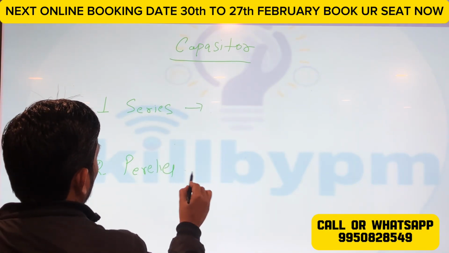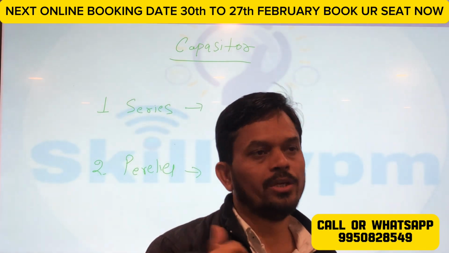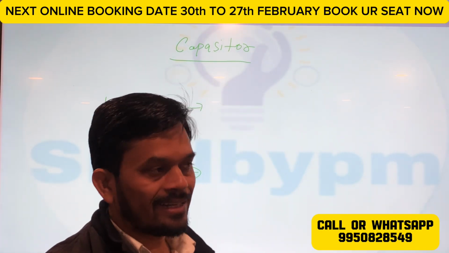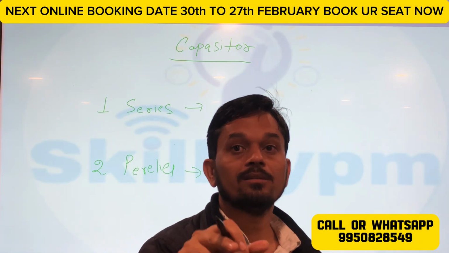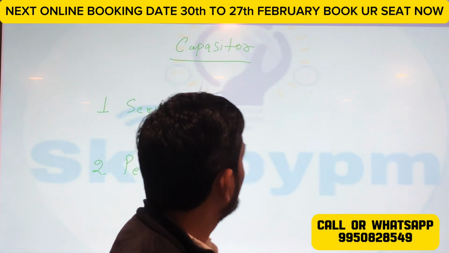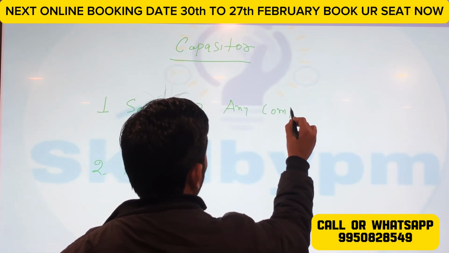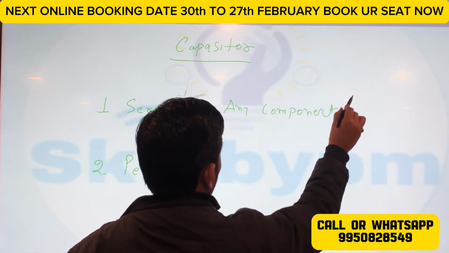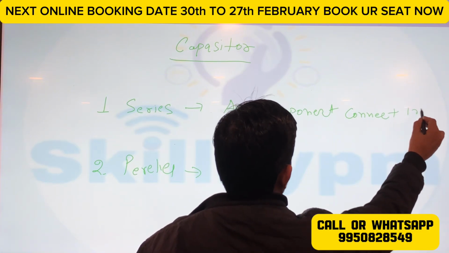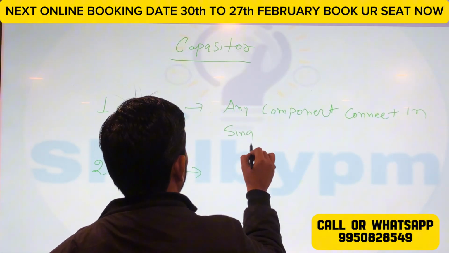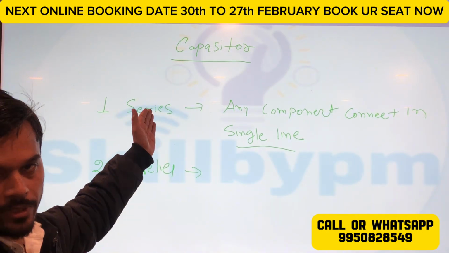What is series and what is parallel? Very important. Series: if any component is connected in a single line, we call that a series component. Any component connected in a single line means that it is a series component.